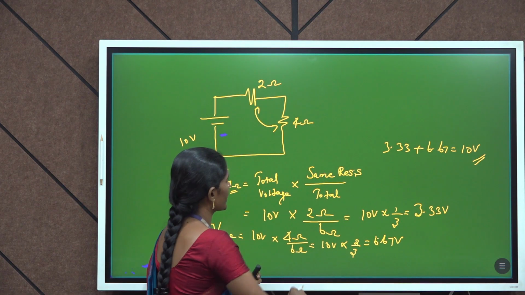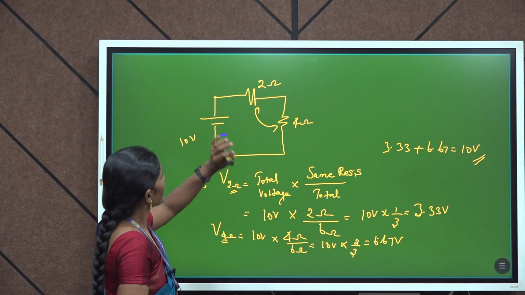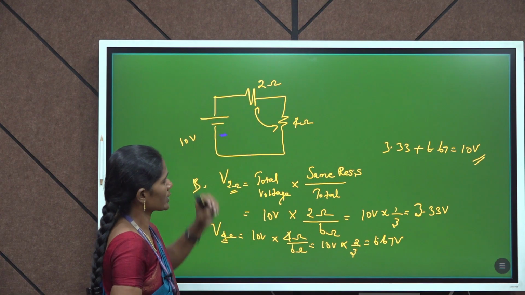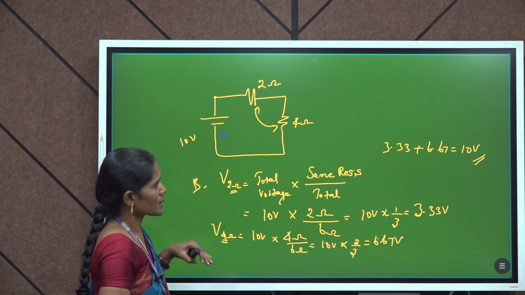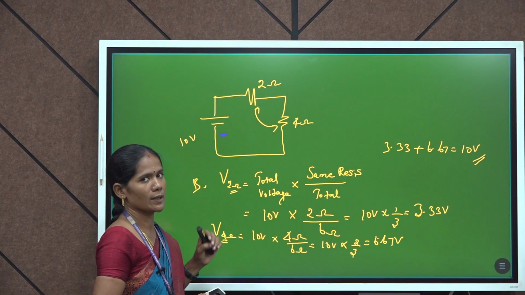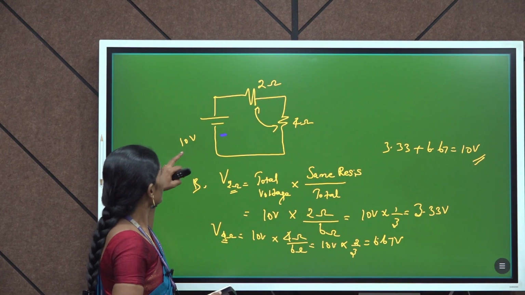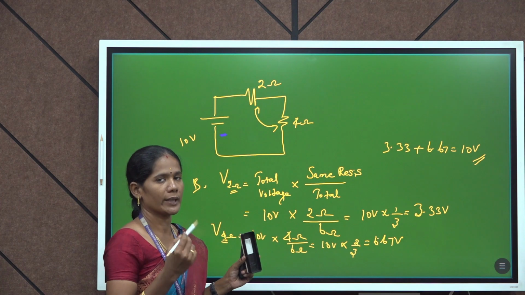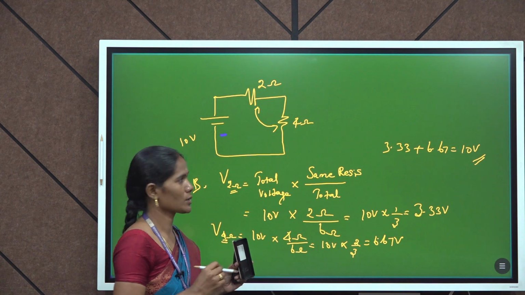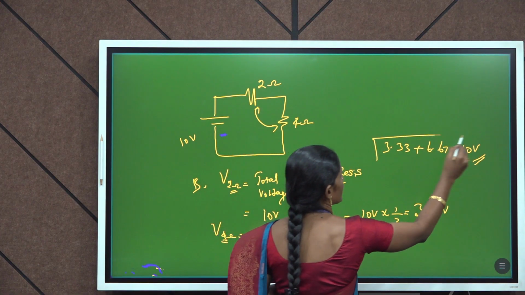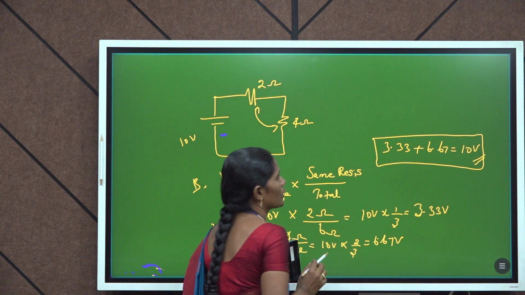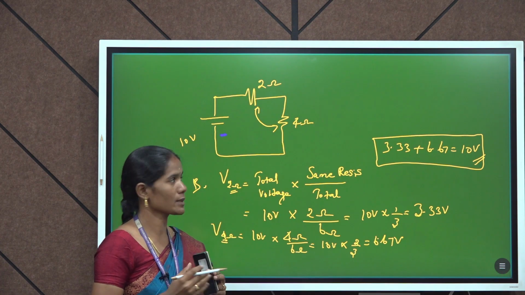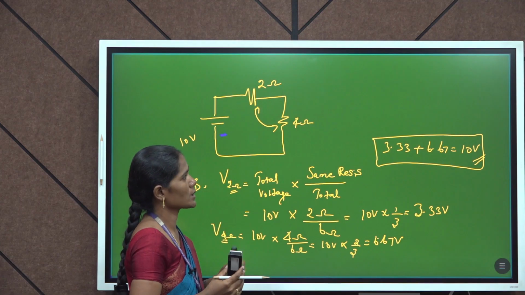So, by using voltage division, different voltages can be obtained, the voltage across 2 ohm as well as the voltage across 4 ohm. By using this principle, we can also verify Kirchhoff's voltage law. What KVL states is that the sum of voltage rise equals the sum of voltage drop, otherwise the algebraic sum of all branch voltages around any closed path is equal to 0.